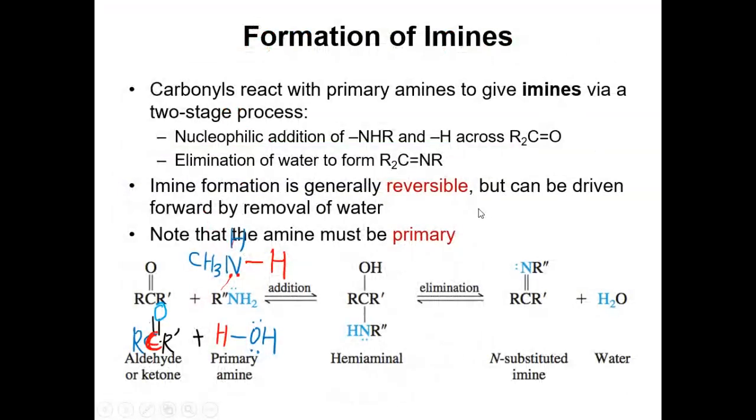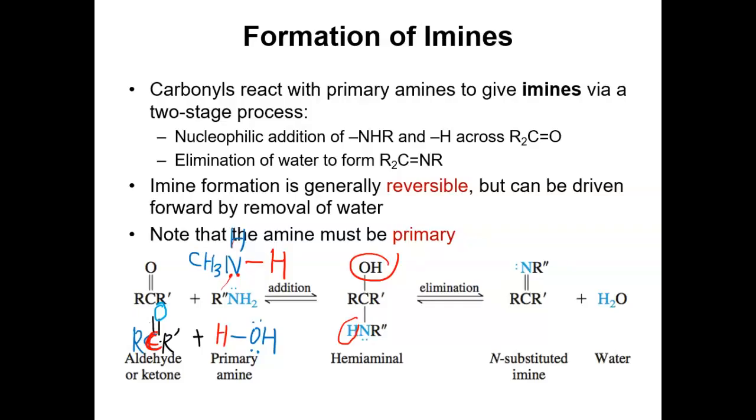If you have a primary amine, this nucleophilic addition product will further undergo elimination and give you an imine. Basically, you lose a molecule of water and give a product with a C=N double bond.